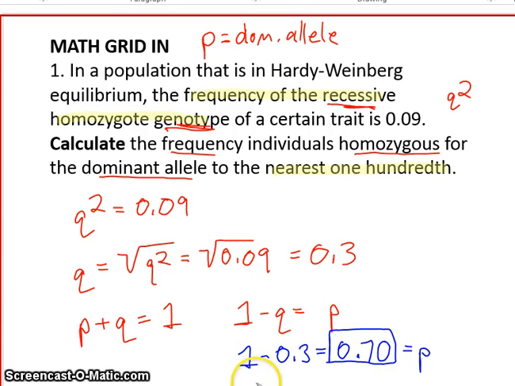I hope that was helpful for the multiple choice and the first grid-in problem. In the next video, I'd like to look at the free response questions, and we'll do that shortly. I hope that this was helpful.